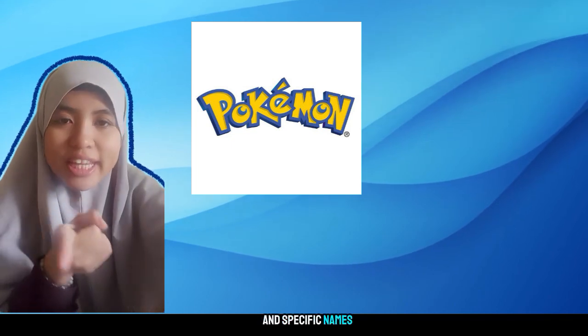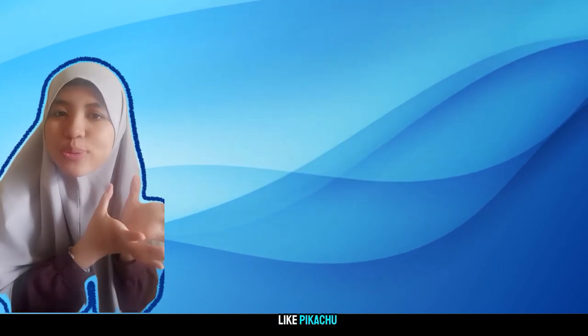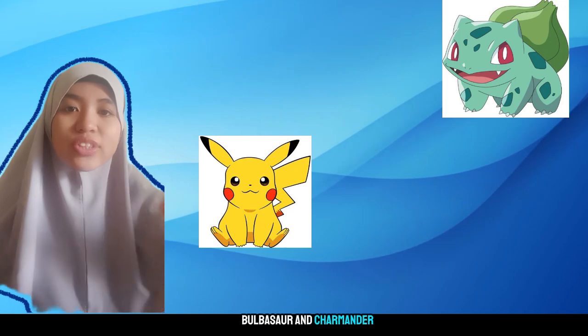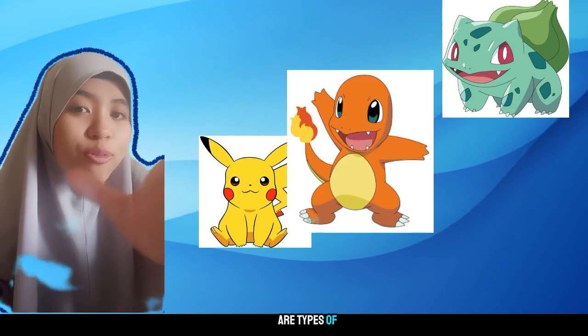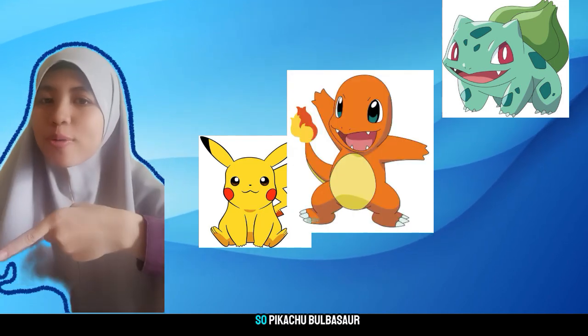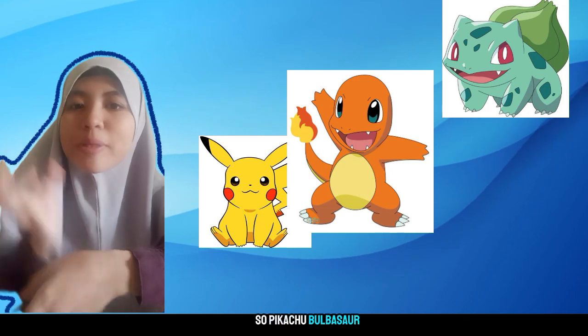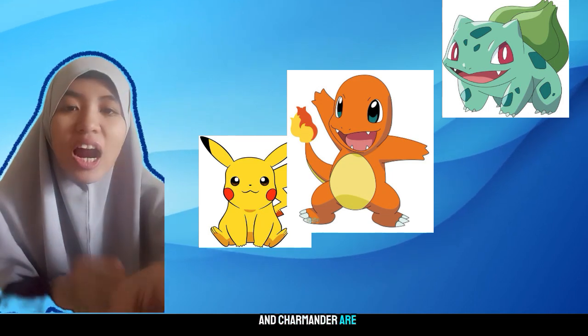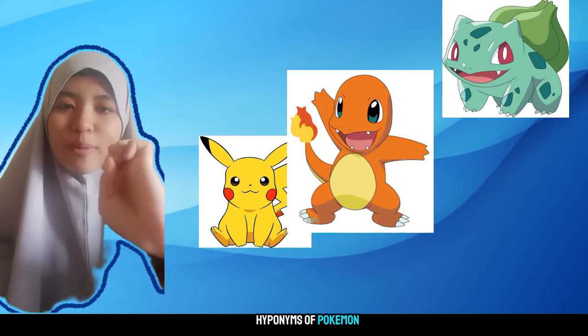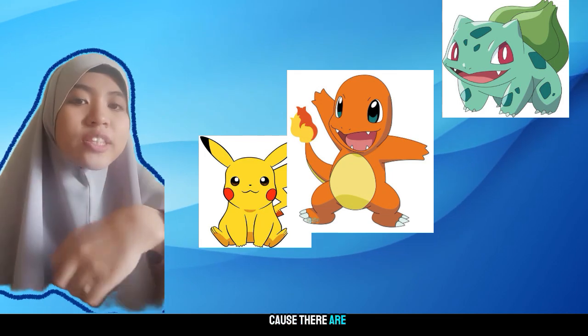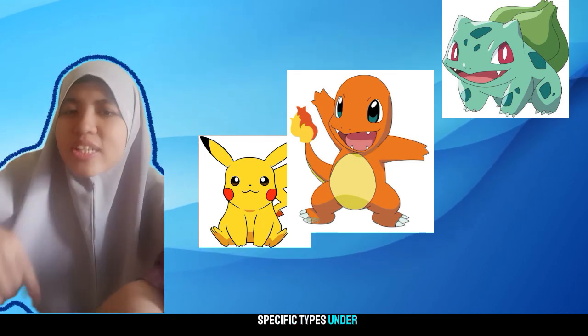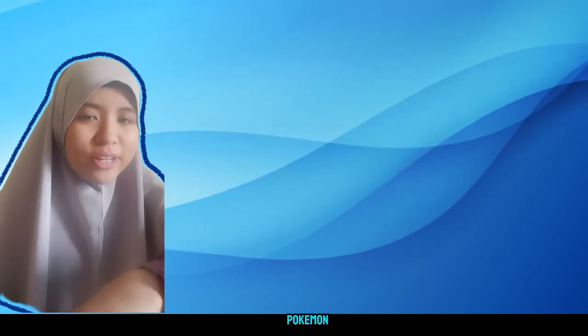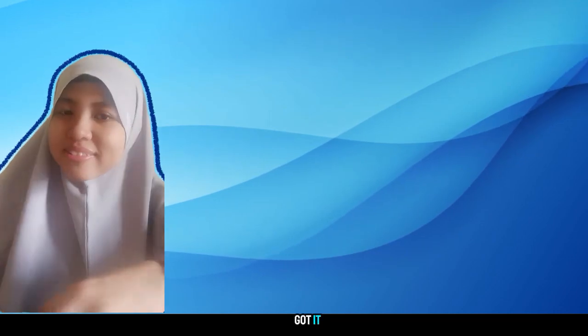And specific names like Pikachu, Bulbasaur, and Charmander are types of Pokemon. So, Pikachu, Bulbasaur, and Charmander are hyponyms of Pokemon because they are specific types under the general category Pokemon. Got it?